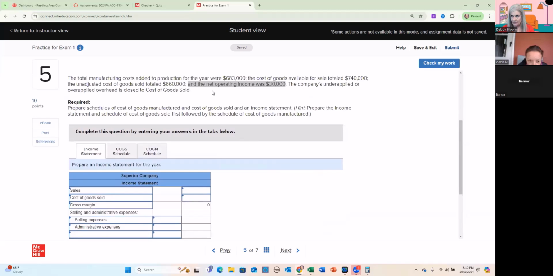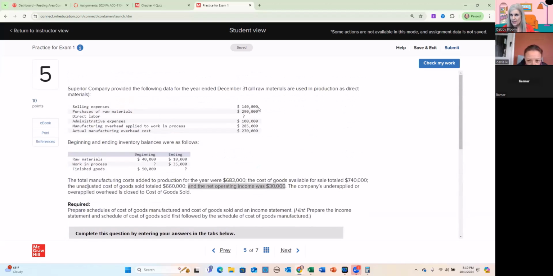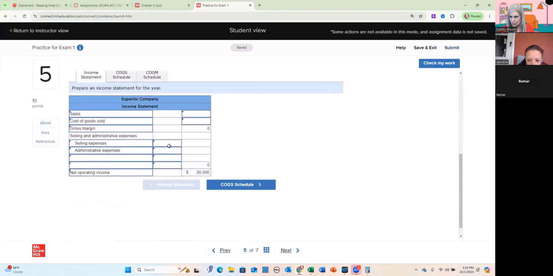That was given in the problem. Now, when I go up, I'm also given my selling expenses and my administrative expenses. Both of those are given, right? So my selling expenses are given at 140, and my administrative expenses are given at 100. So I'm going to put in my 140 and my 100.